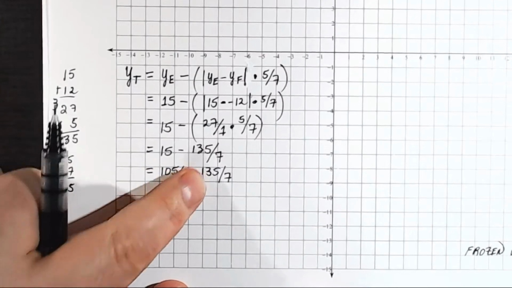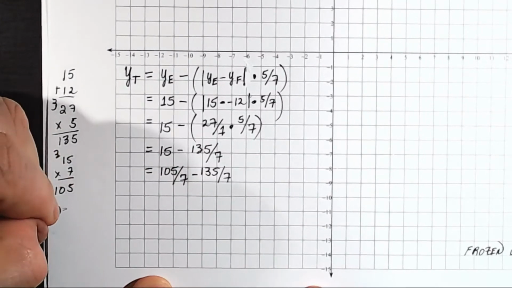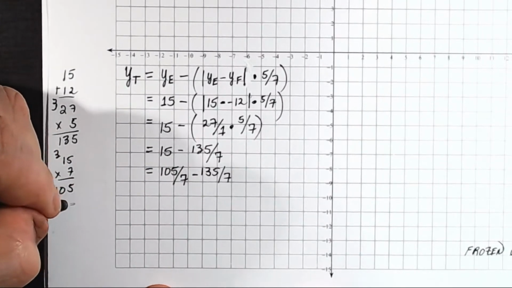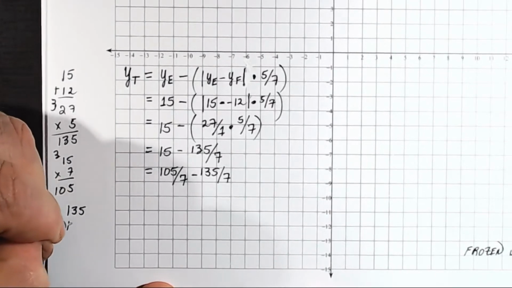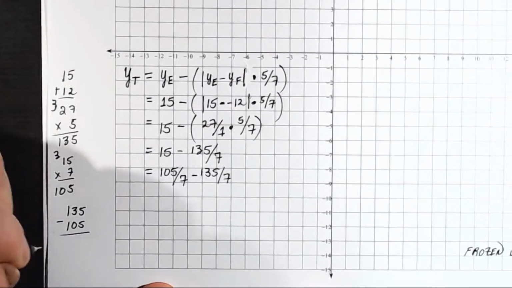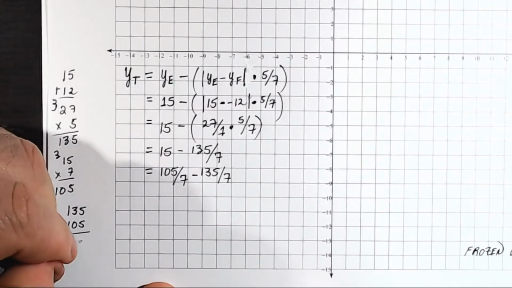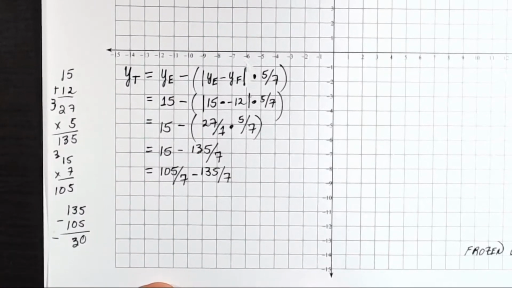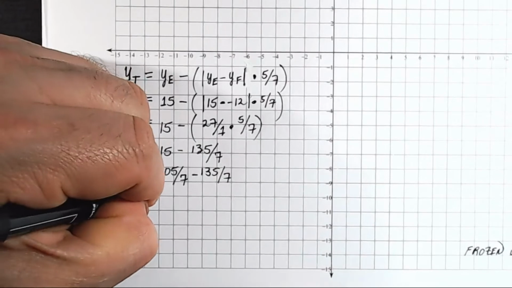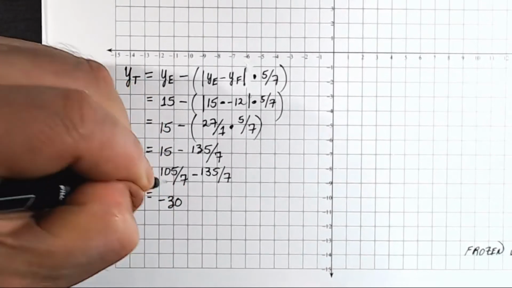So we have to find 105 minus 135, and that would be like subtracting 105 from 135, with the result being negative. Okay, so 5 minus 5 is 0, 3 minus 0 is 3, and 1 minus 1 is 0. So it's -30. This is equal to -30/7.